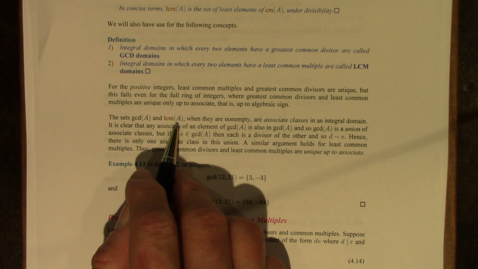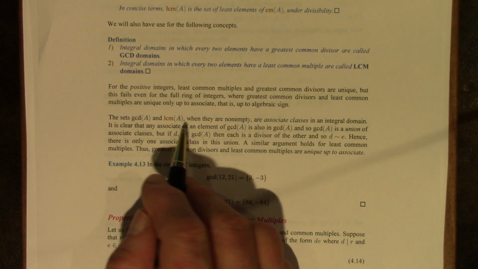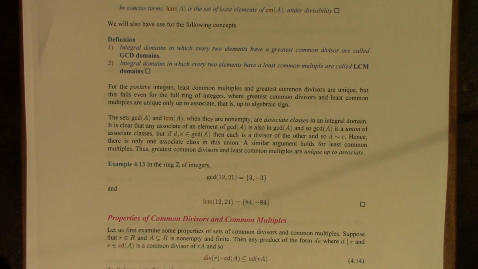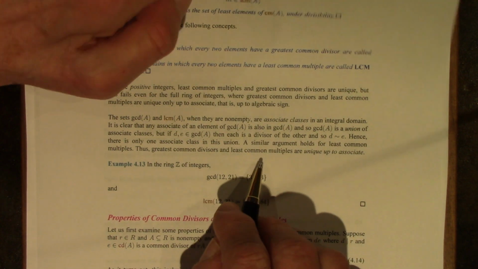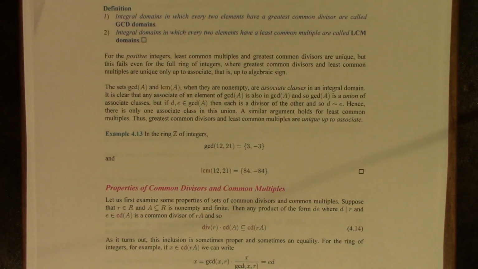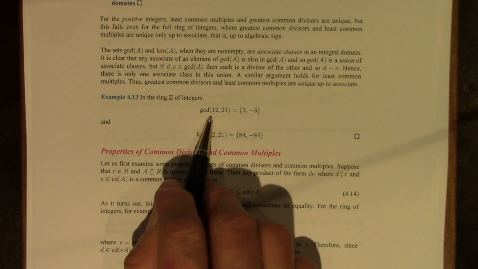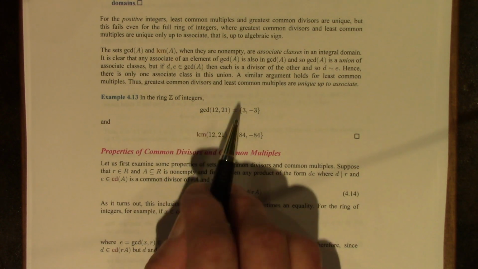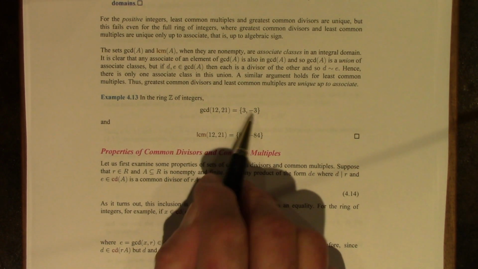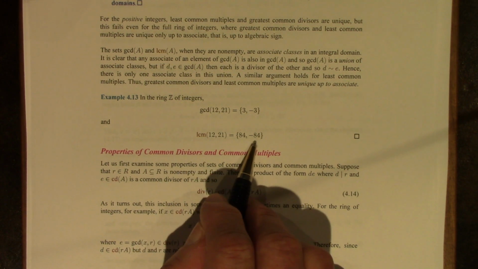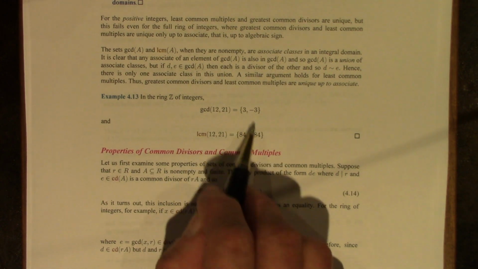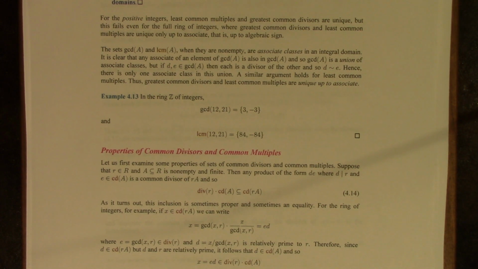And similarly for LCM of A. Put another way, greatest common divisors and least common multiples are unique up to associate. Example, in the ring of integers, the GCD of 12 and 21 is 3 and negative 3. The LCM is 84 and negative 84. These two are associate classes.